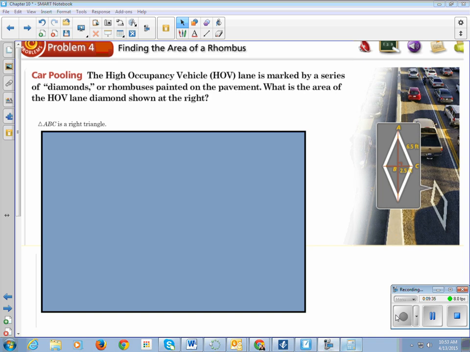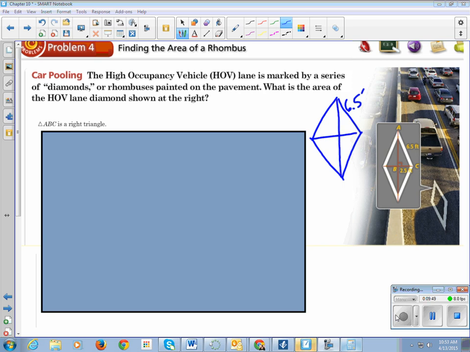So if you guys are copying this down, it's a nice diamond shape. It is a rhombus, so all the side lengths are the same. That's 6.5 feet, and across here, this is 2.5 feet. This is 90 degrees.